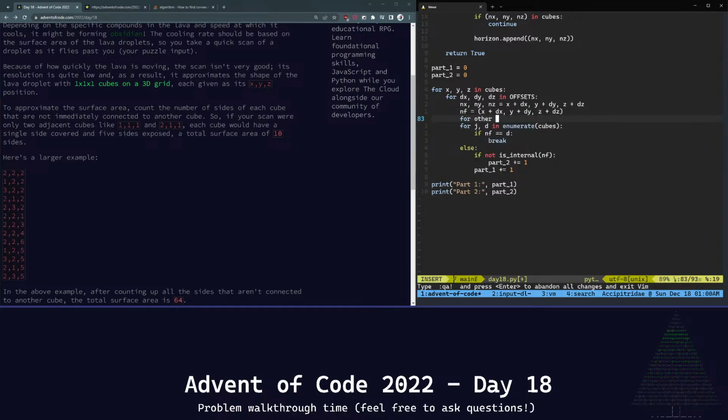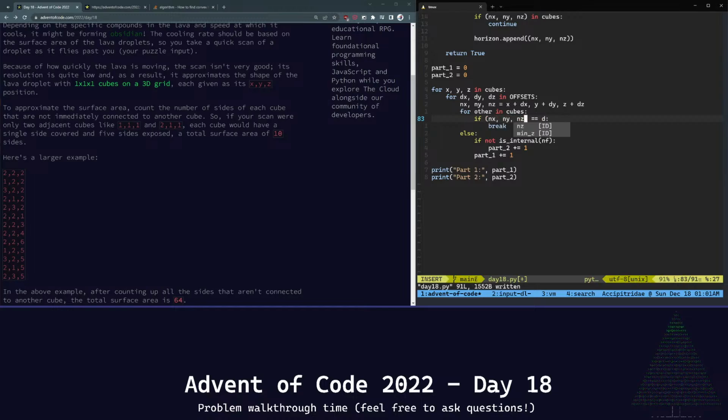So for other in cubes, like that, and we compute this new delta by basically adding that on. My point class, which usually I'd just be summing like these objects together, doesn't support 3 dimensions, so we have to write it out manually.